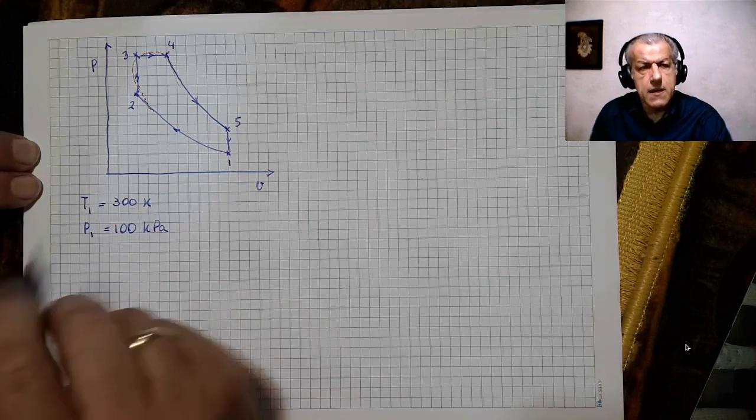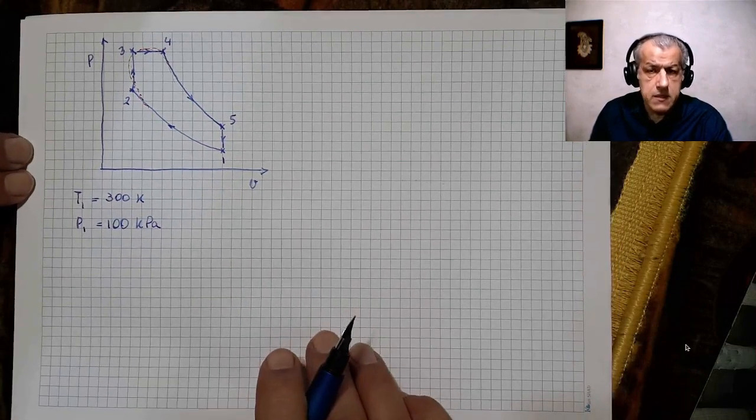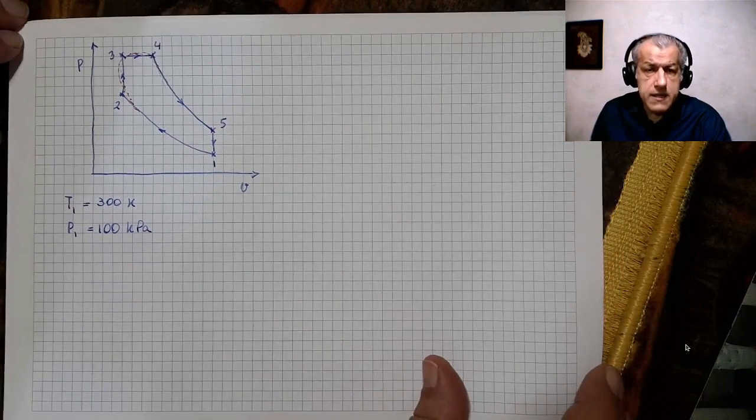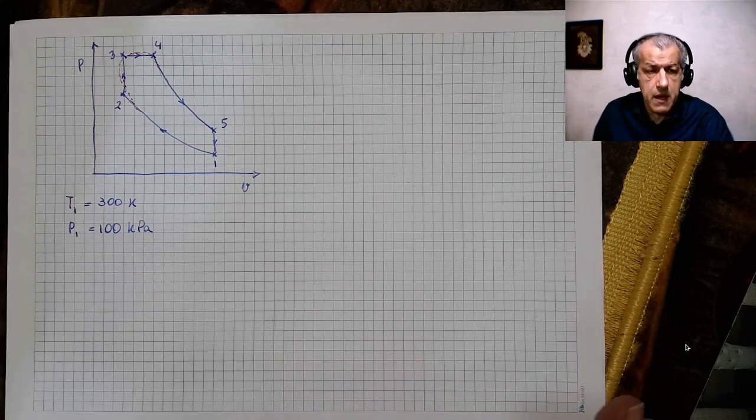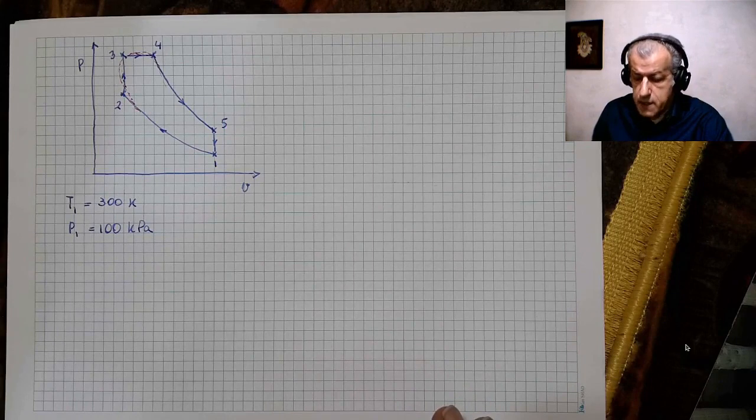So these are the ambient conditions where the intake, that's air, the incoming air, has 100 kilopascal pressure and 300 Kelvin temperature. And now we have to define the different processes for this cycle.